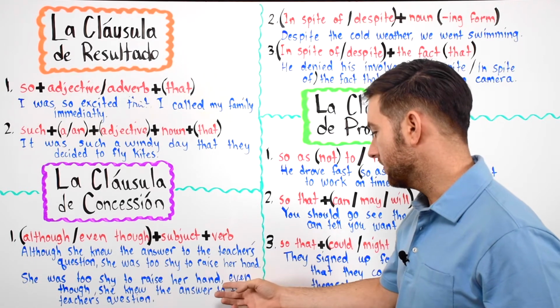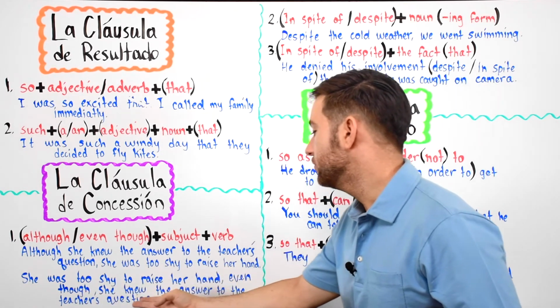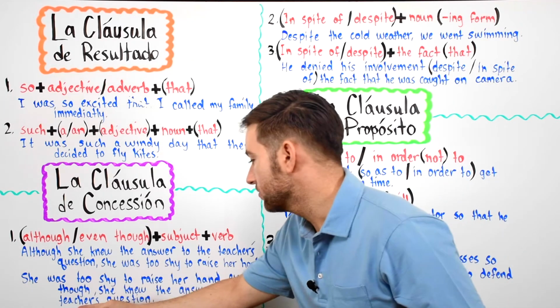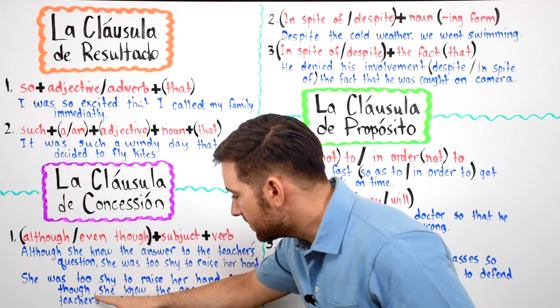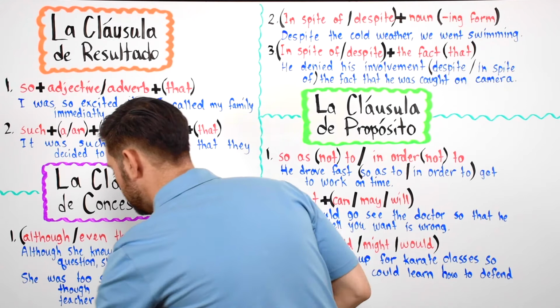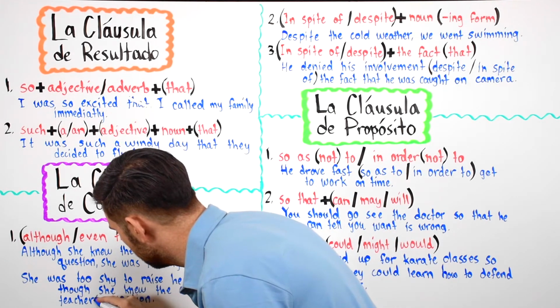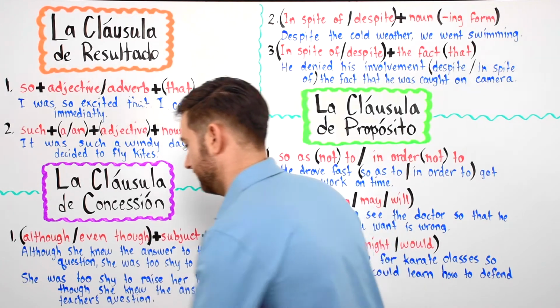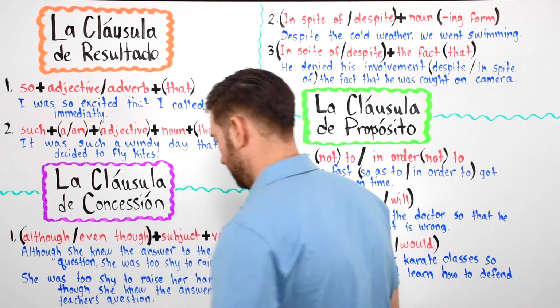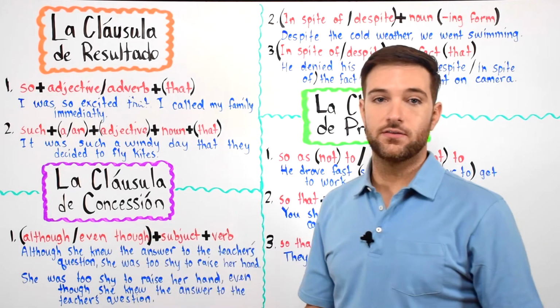Comma, even though, or comma, although she knew the answer to the teacher's question. This right here is not a comma, this is an apostrophe for teacher's question. I'll put it down here. Teacher's question. So make sure you put the comma before although or even though.